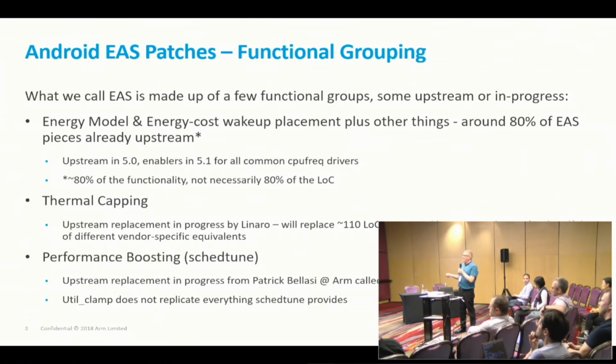And then another really large component of what makes EAS in Android particularly, not so much upstream, is a performance boosting framework called SchedTune. If you don't know, SchedTune allows you to define cgroups and define a boost level inside that cgroup, which is a signal proportional correction value.